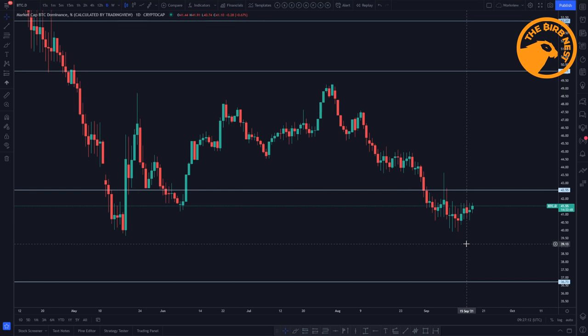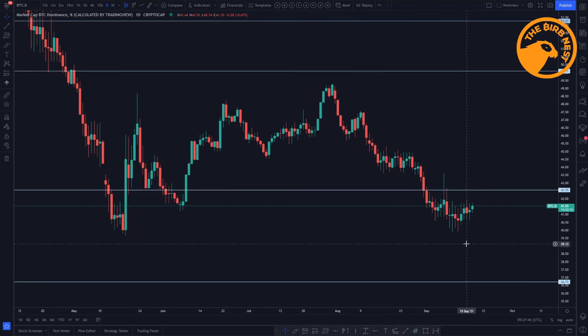Simply said, if the chart is going up, Bitcoin is more dominant and it's better to be in Bitcoin. And if the chart is going down, Bitcoin is less dominant and alts are more dominant in the market and it's better to be in altcoins.